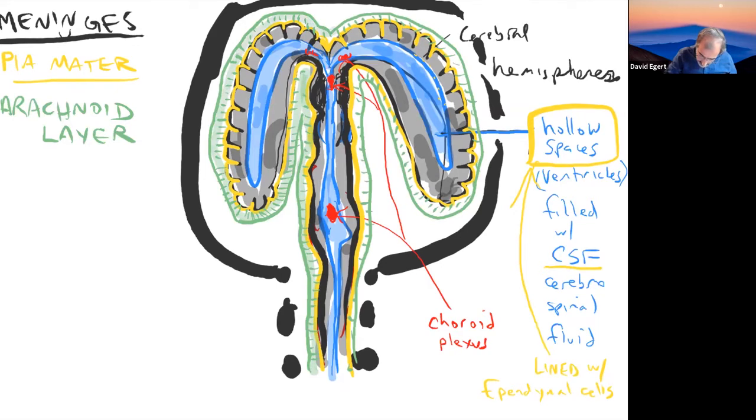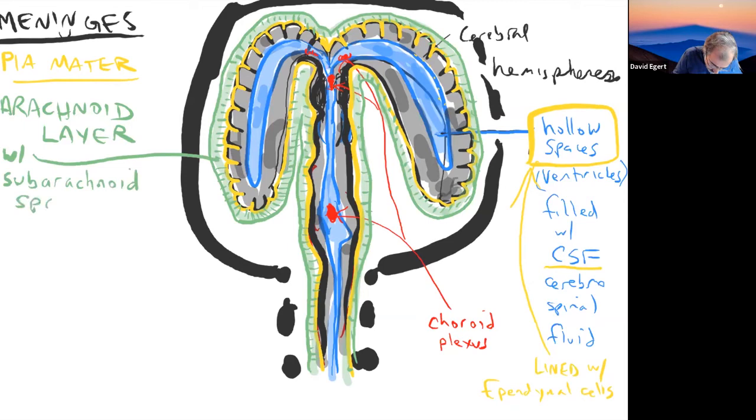It's the space underneath the arachnoid layer that is being reinforced with the little struts that I drew. So that is the subarachnoid space. The subarachnoid space is going to be a place where the CSF actually gets to drain from.